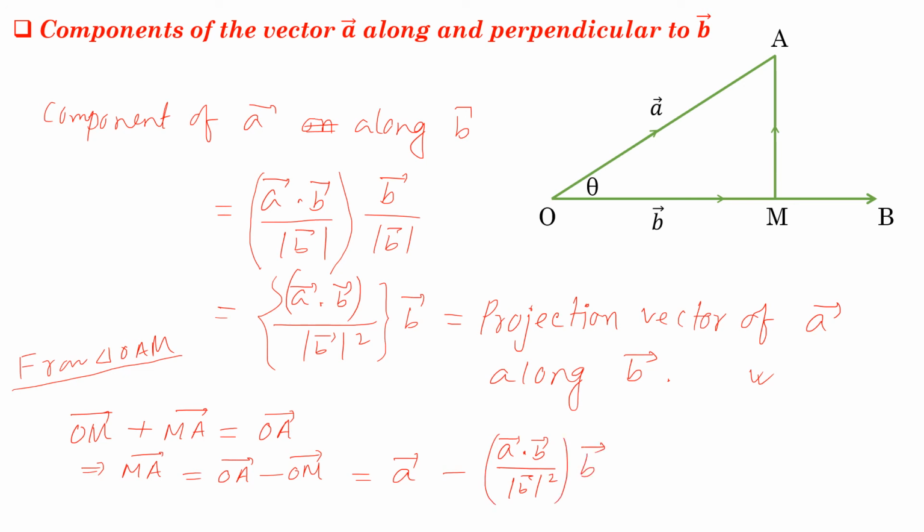So this is not the projection, it is the component of a bar perpendicular to b bar. These two things you should write right in your copy: component of a bar along b bar and component of a bar perpendicular to b bar.